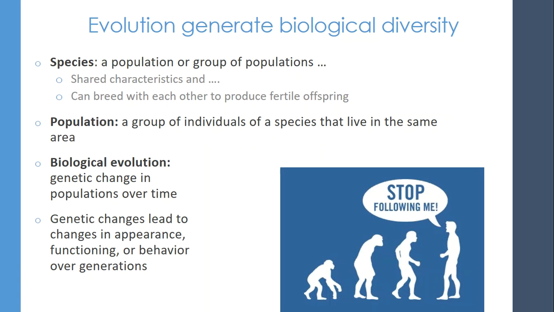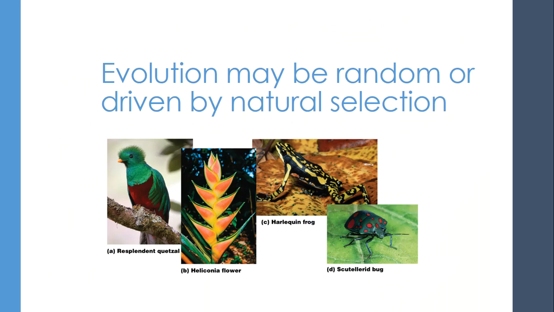There's all kinds of branches that offshoot that don't lead to anything until you finally wind up with us. And it can be driven by natural selection, right? Each of these species here had some type of variation that was very, very well suited to that environment, and therefore they had more babies. And so that became how they evolved.